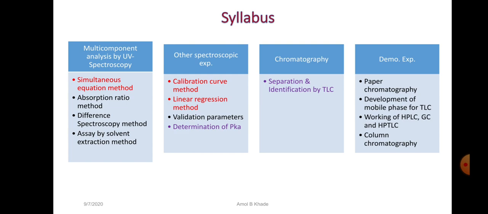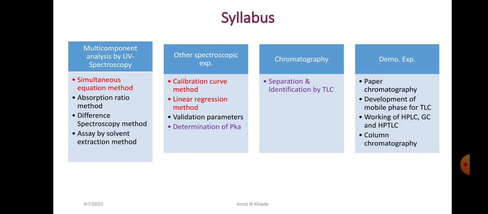And then we also should see how HPLC, GC and HPTLC work, and how we can analyze samples using these sophisticated techniques. And finally we will be discussing column chromatography. Column chromatography is a very primitive concept, mainly used for isolating or purifying compounds, so we will be showing a demonstration experiment.